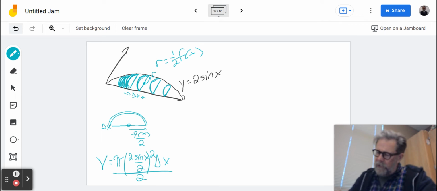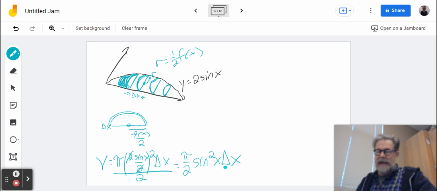All right, let's do a little simplification. That simplifies, and what I get is pi over 2 sine squared x delta x, because we're not d'ing quite yet. This is one of my semicircles.